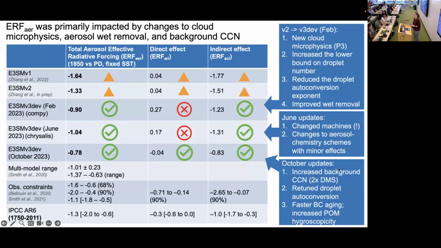And so there's a range over which it's justifiable to tune or calibrate certain parameters inside of the model because we don't know what their exact values are. We do know that we need to meet this energy budget constraint, and because of that, we feel like some tuning is justifiable within these ranges.